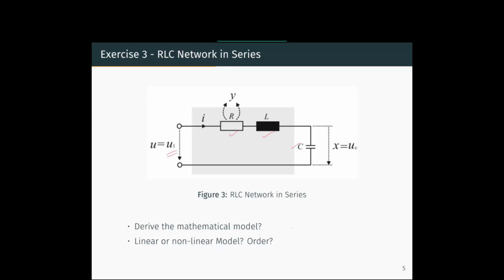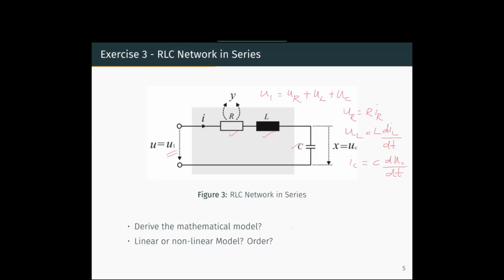So by Kirchhoff's voltage law, we can write U1 equal to UR plus UL plus UC, where UR is the voltage across the resistor, UL is the voltage across the inductor, and UC is the voltage across the capacitor. Now UR is equal to R, the resistance, into the current flowing through that resistor, IR. UL is equal to L dIL by dt. So the voltage across the inductor is given as L dIL by dt.